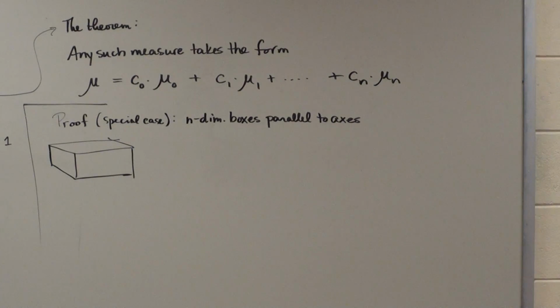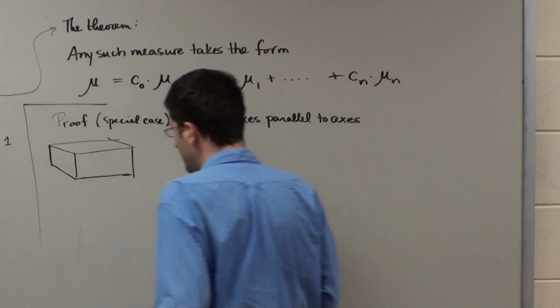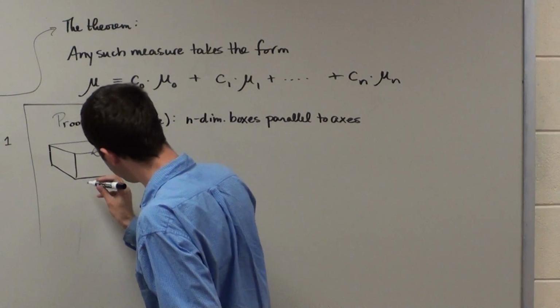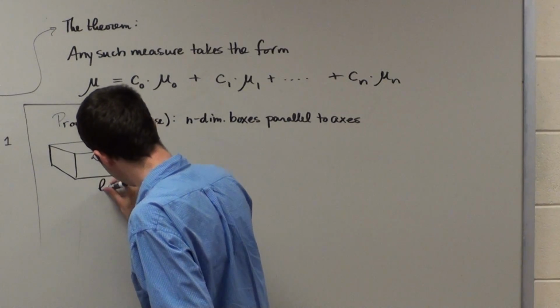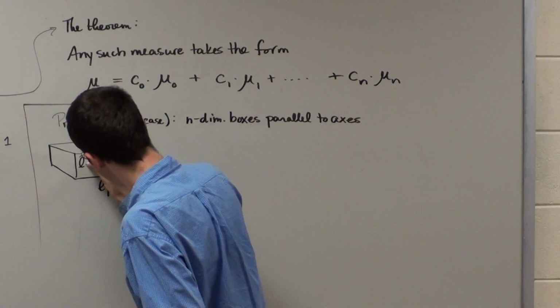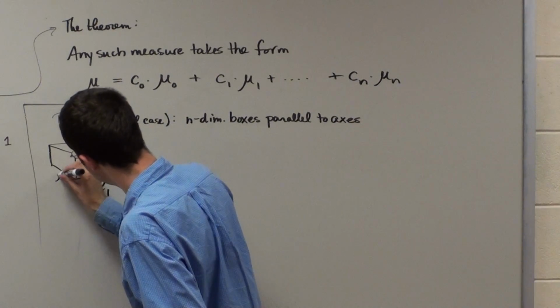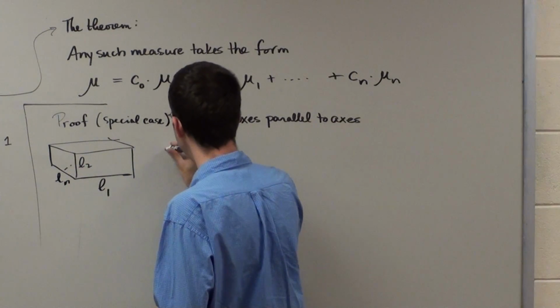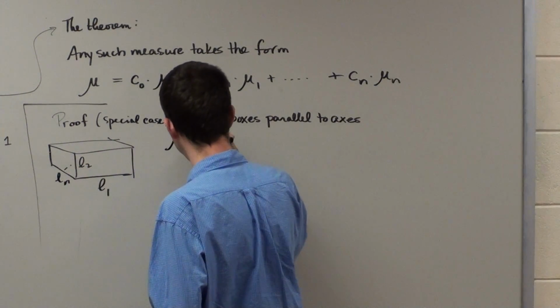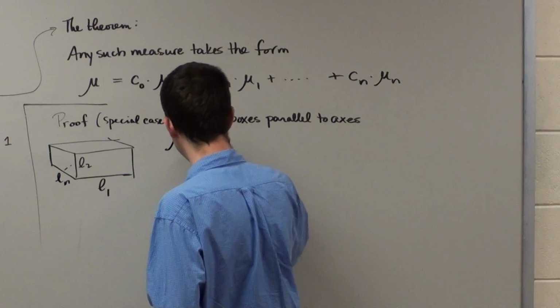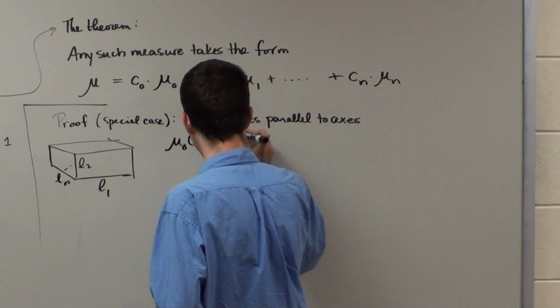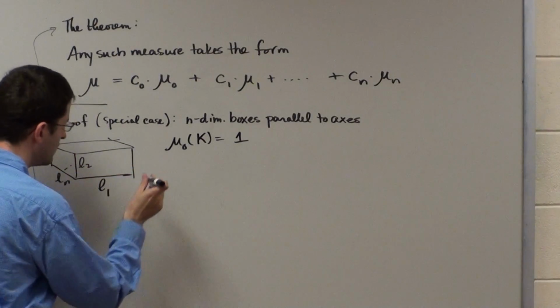And first define the measures. If I have a box like this with, let's say, edges L1, L2, and so forth through Ln, then measure 0 of this box is 1 as before.